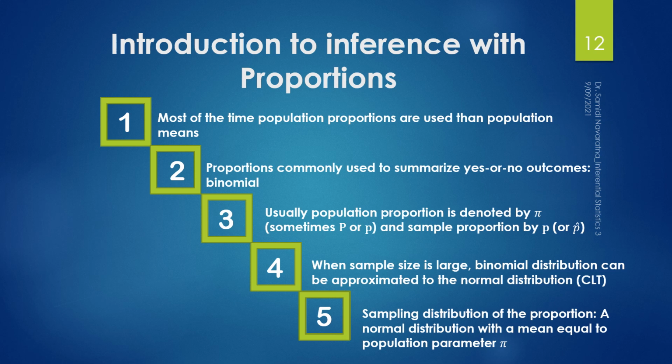If repeated random samples of a given size are taken from a population where the proportion is the category of interest, then the mean of all sample proportions in that distribution is equal to the population proportion. And that distribution is called the sampling distribution of the proportion.